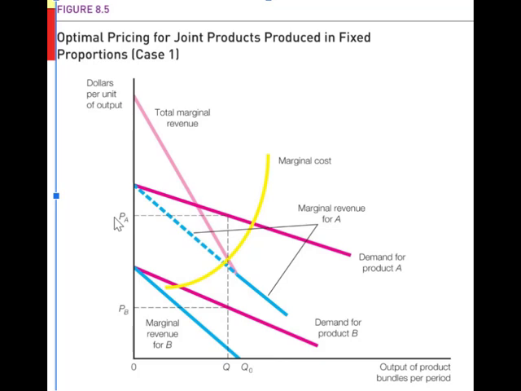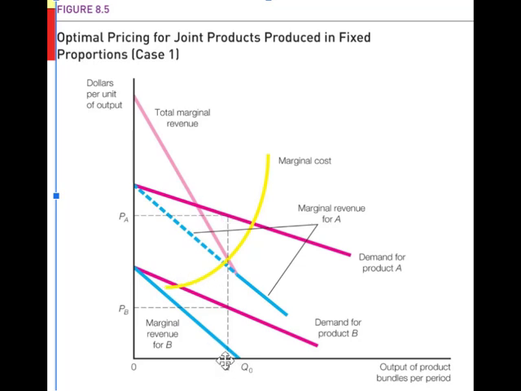Be careful not to trace back or insert this quantity Q into marginal revenue. Price is always found by using the demand function, as you do for single product monopolies in previous chapters, right? So that's it.